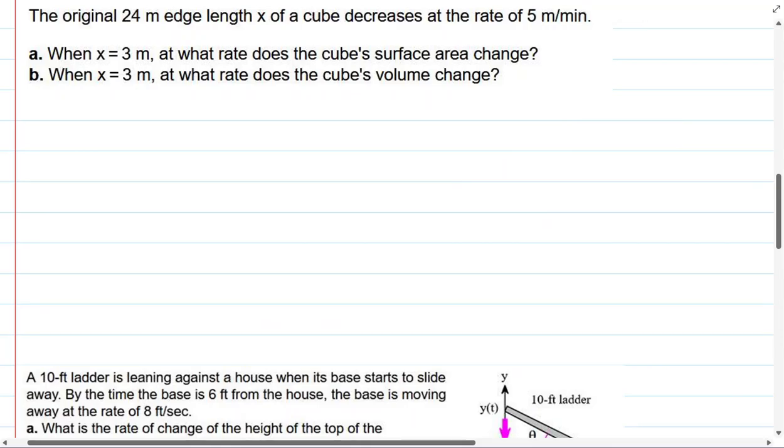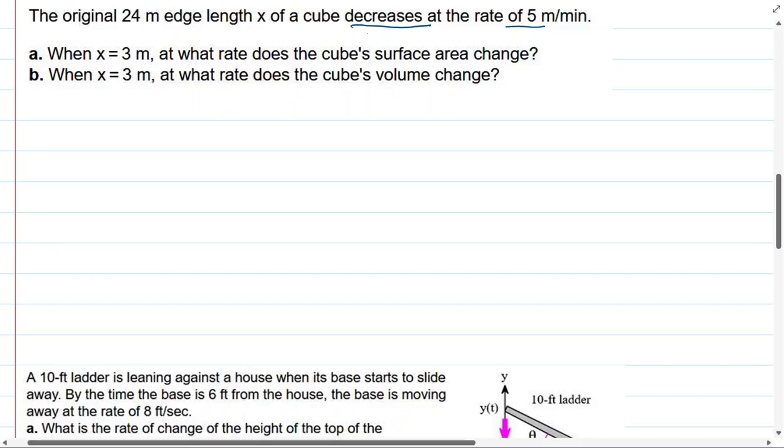The edge of a cube decreases. So is that positive or negative? Negative. Decreases. And this is a what? Rate of change. So there's a dt. Okay, it's over dt. Decreases at a rate of 5 meters per minute.